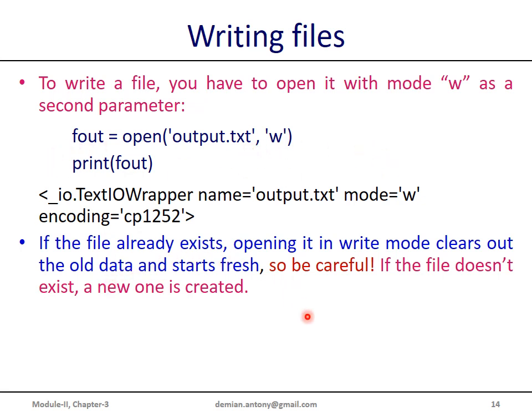If the file already exists and you are opening it in write mode, then it clears all old contents and starts afresh. So you need to be careful while opening a file in write mode. If the file doesn't exist, a new file is created with the designated file name.